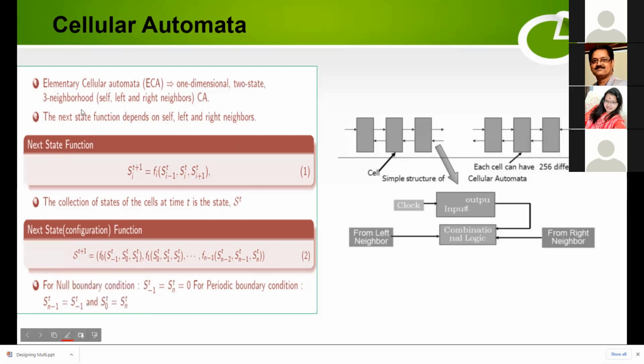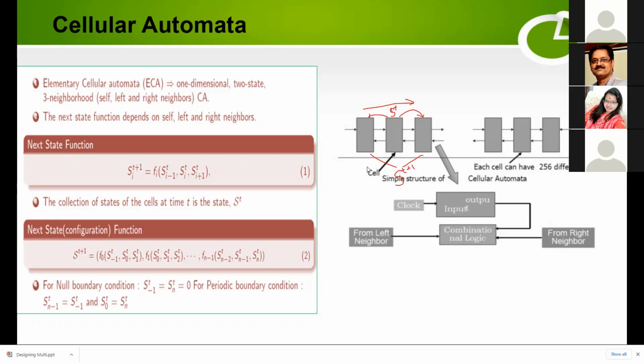This is the one-dimensional direction, and say this is our present state. This is our present state S at time t, and it will depend on the left and right neighborhood. And based on the values of self, left and right, we will derive the state of the next cell at timestamp t plus 1.